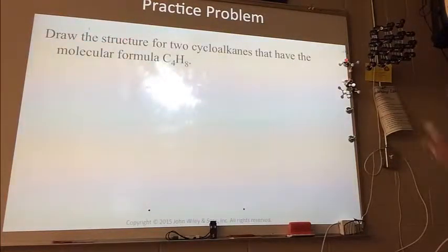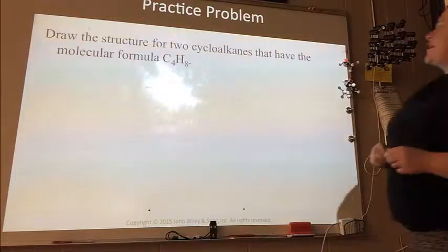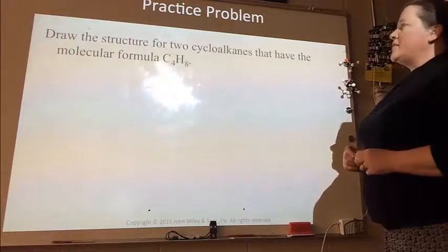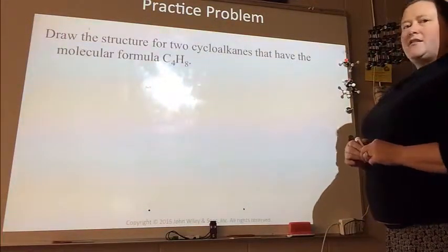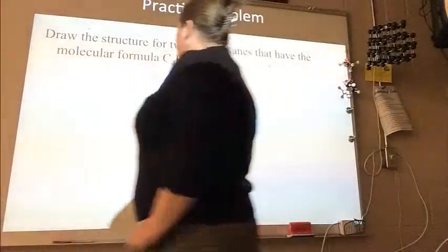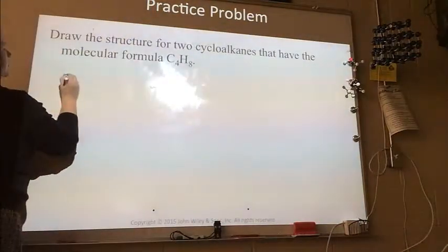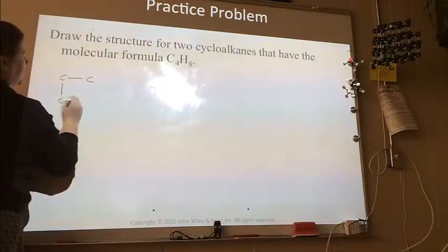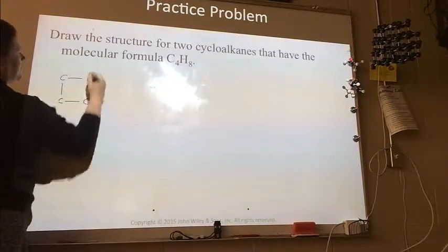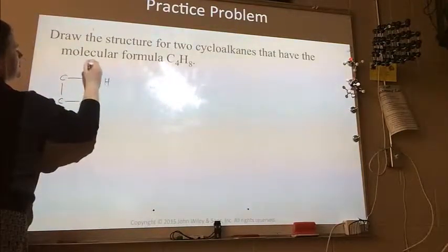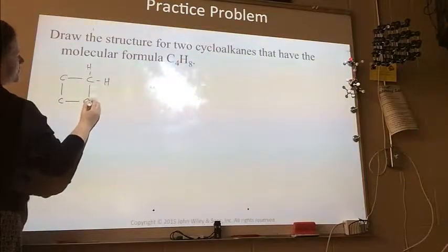So here it says, draw the structure for 2 cycloalkanes that have a molecular formula of C4H8. We can have one like this, where we have C4 like that, and each of these carbons has 2 hydrogens.